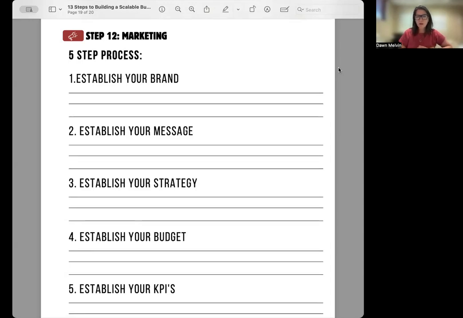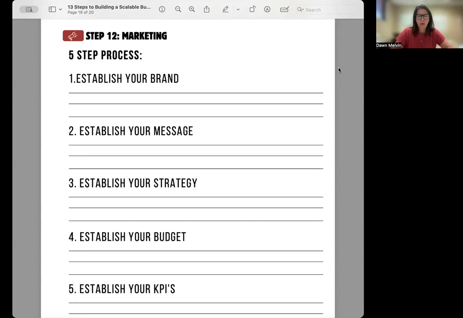When we talk about establishing your brand, it is your logo, your brand colors, those kinds of things. But also, because real estate is such a relationship-based business, it's you, you as an agent, you as an individual.